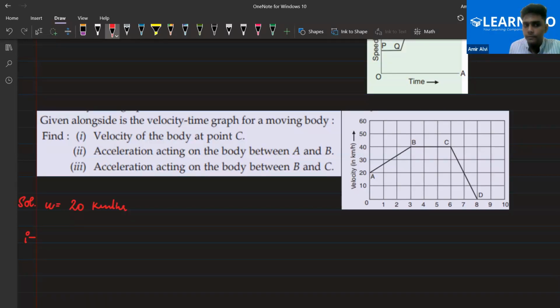Please tell me, listen. What kind of motion is it from A to B? No one?